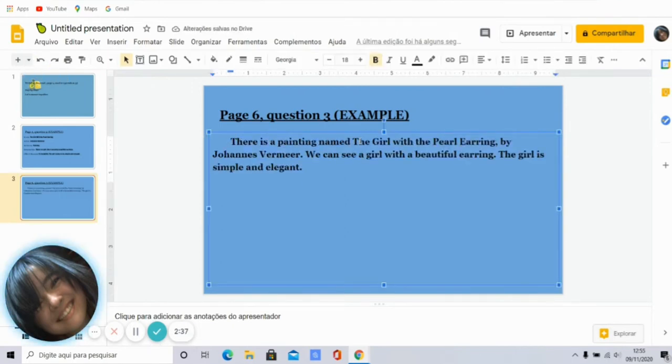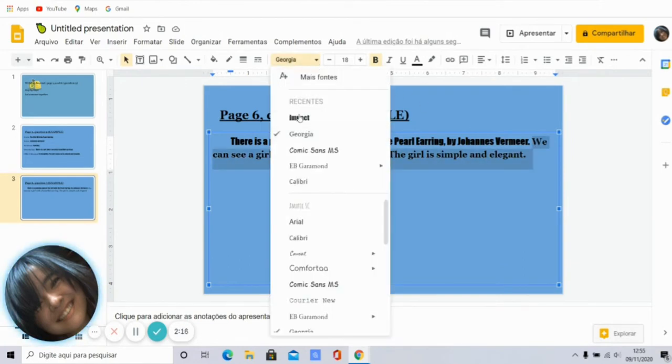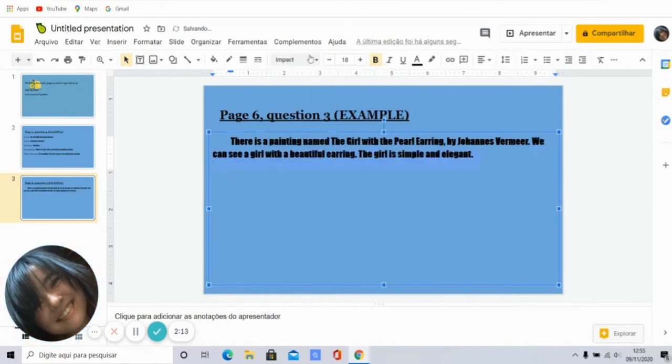So there is a painting named The Girl with the Pearl Earring by Johannes Vermeer. Okay. We can see a girl with a beautiful earring. The girl is simple and elegant. There it is. We have our text completely ready.